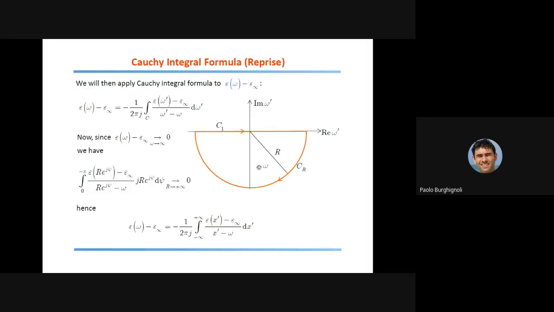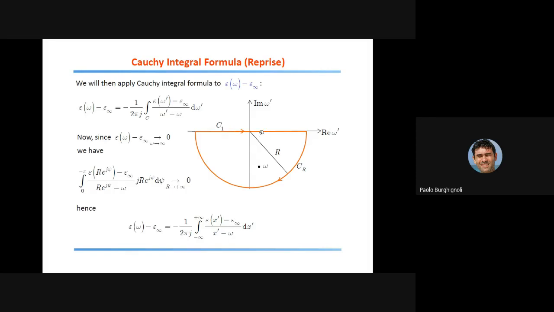This, of course, poses some problem in the integration along C1 because there is a pole here at the point omega, which goes directly onto the integration path C1.